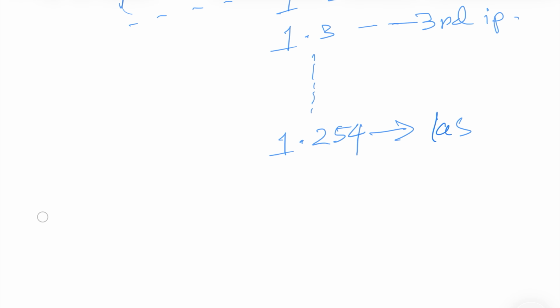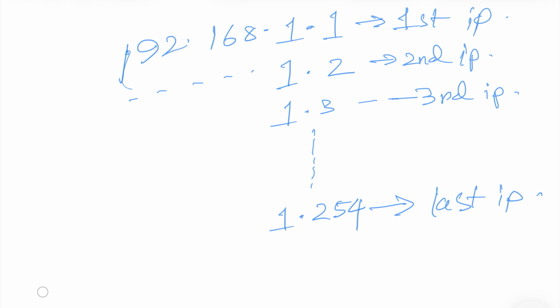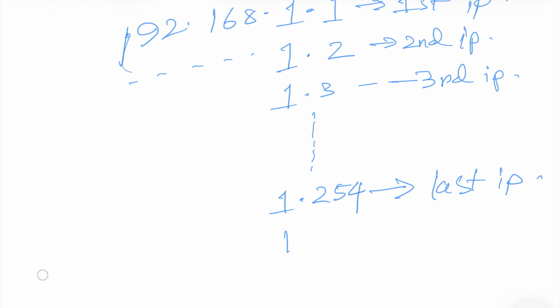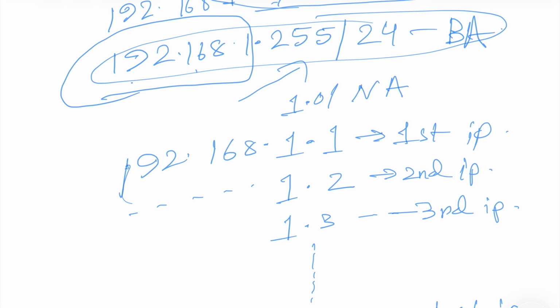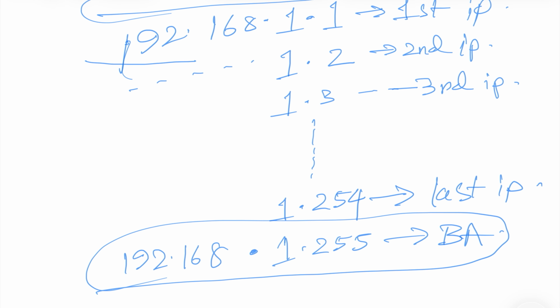That's your last IP. Before that we have 1.0, which is your network address, and 1.255, which means 192.168.1.255 is your broadcast address. So you cannot use this broadcast address. This is a special address, and sorry, you cannot use your network address while assigning IPs to any machine.